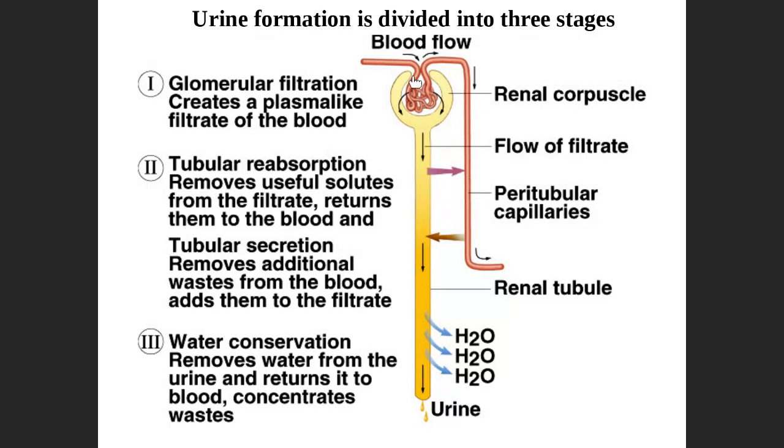And here, this is the efferent arteriole giving rise to the peritubular capillary. In the peritubular capillary, you can get secretion directly from here to here. And then the reabsorption from the proximal convoluted tubule goes into the peritubular capillary.